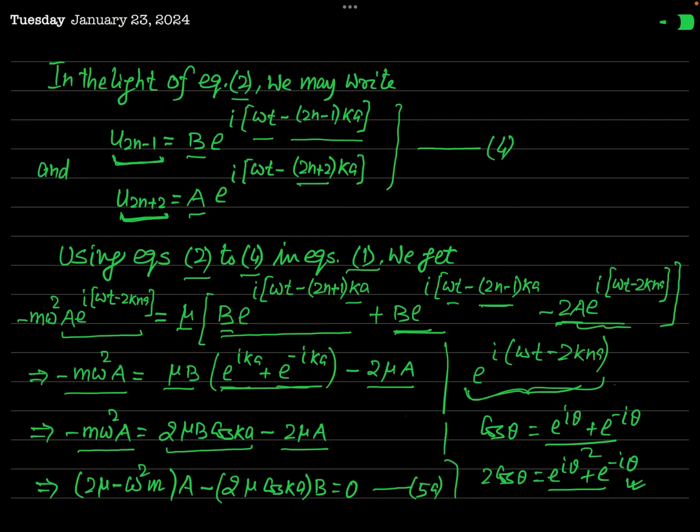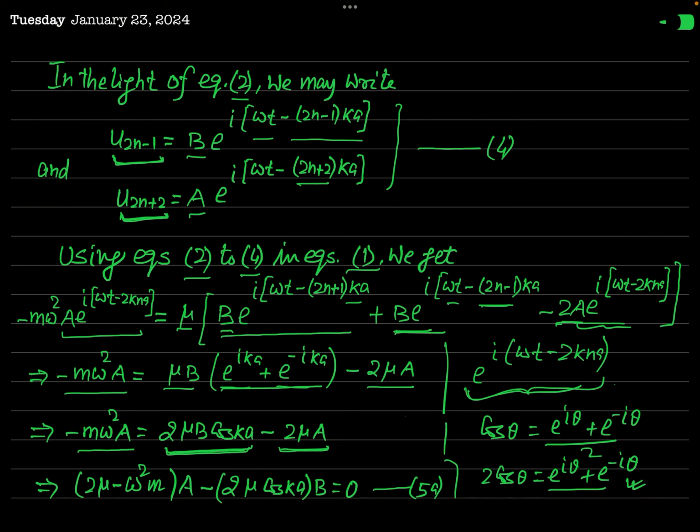When you bring the terms from RHS to LHS, what will happen? You can see this minus 2 mu a will become plus, and this plus 2 mu b cos ka will become minus.